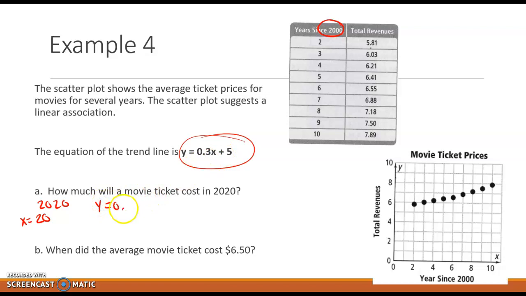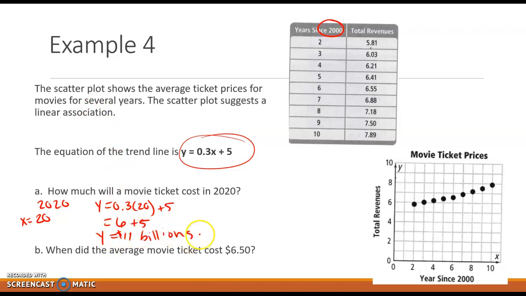Y equals 0.3 times 20 plus 5. And 0.3 times 20 is 6 plus 5. 6 plus 5 is 11. So it is 11, I'm guessing, $11 billion.